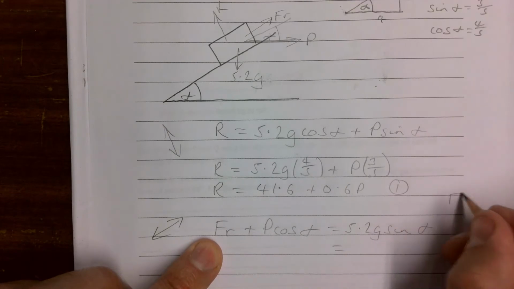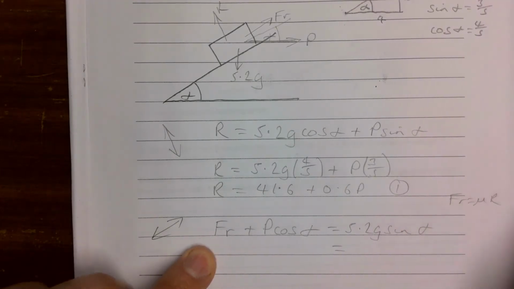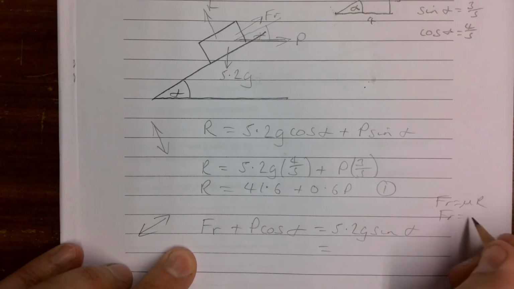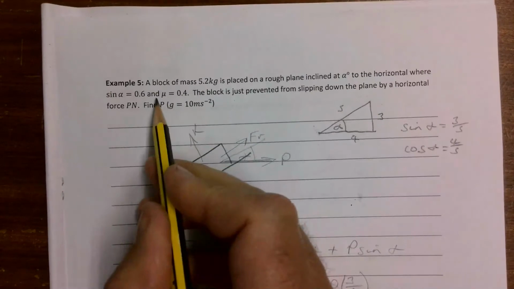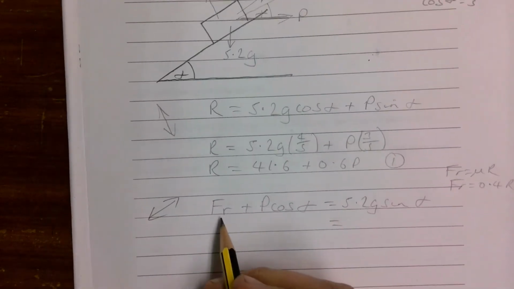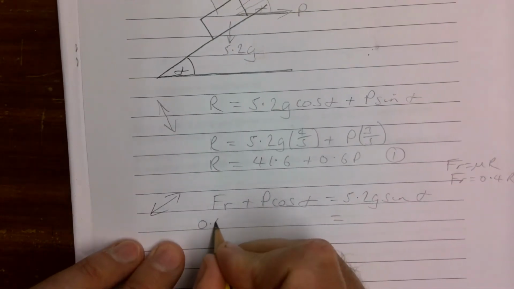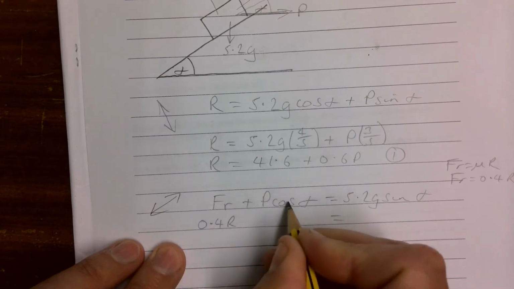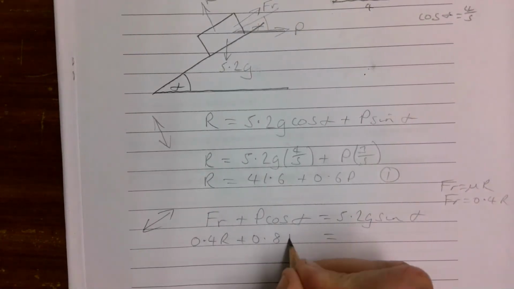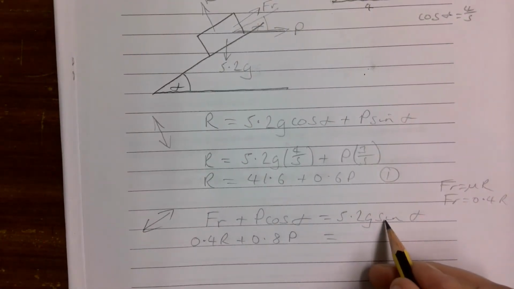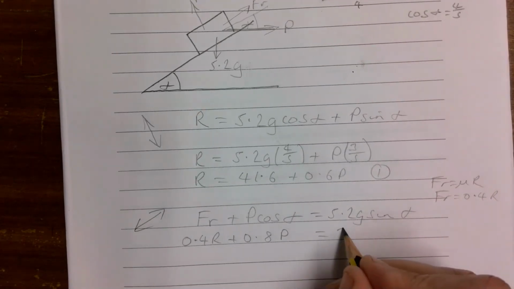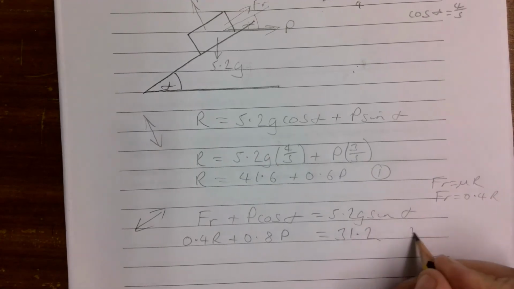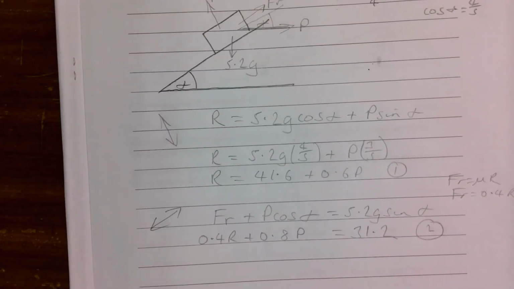This is friction, so friction is mu R. Friction is 0.4 R in this particular example, because in the question it tells us mu is 0.4. So I'm going to change this for a 0.4 R. P cos alpha, so that's 0.8P. 5.2 G times 3/5 then is going to give us 31.2. You put that in your calculator, and we have that.